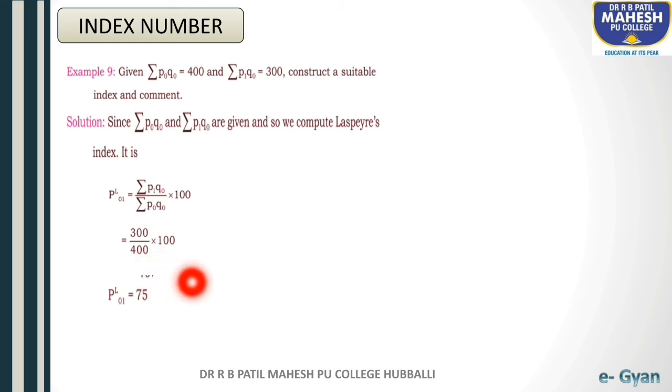Suppose the final answer is 150. The base year is always fixed at 100. If above 100, the price increases. 150 minus 100 is 50, so 50% of price has increased. Like this you have to write the comment.